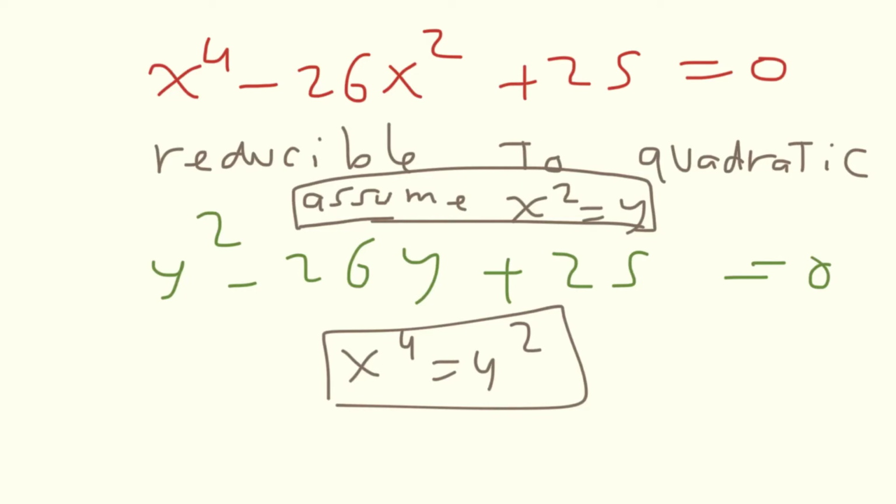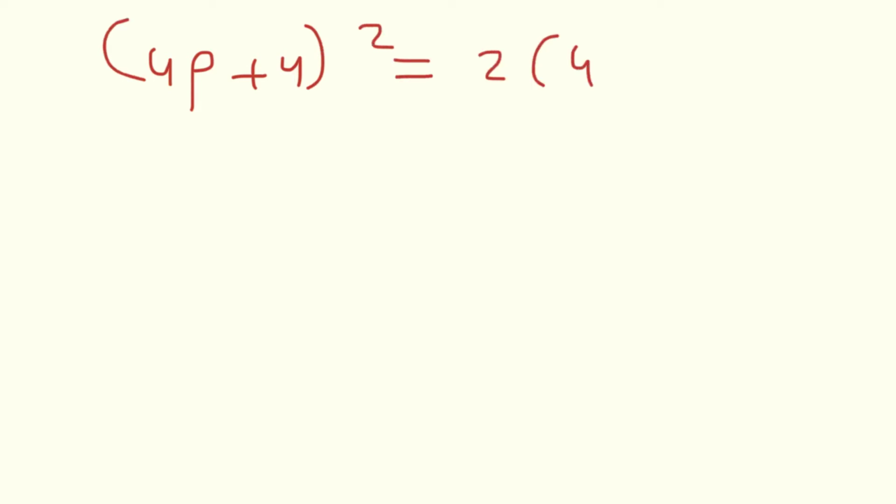Sometimes you still have to do the substitution. If I give you another example like this, (4p + 4) squared equal 2 times (4p + 4) plus 35. Okay?